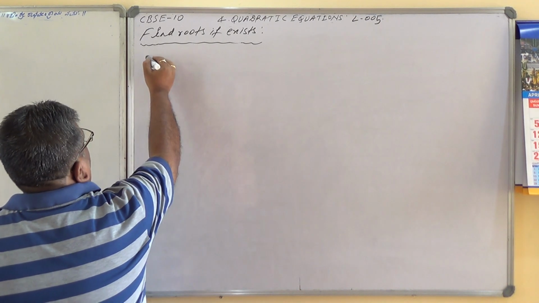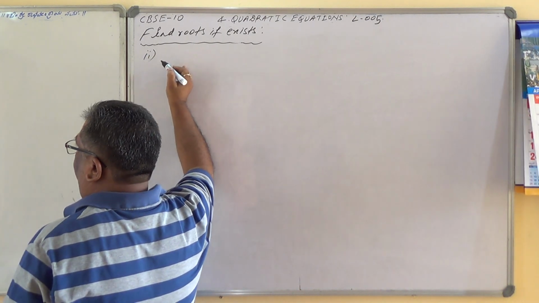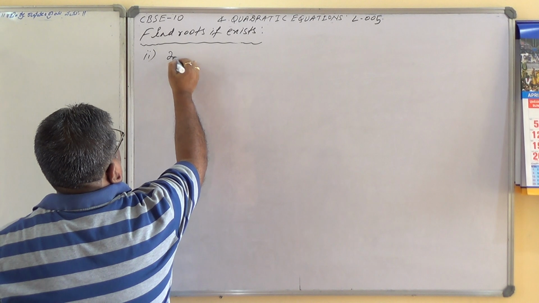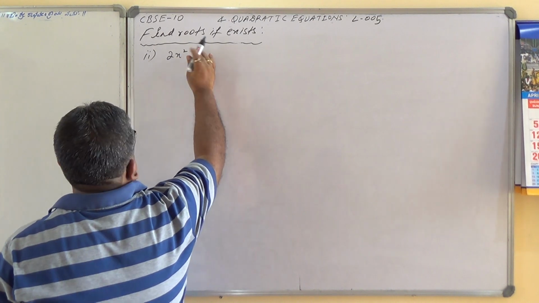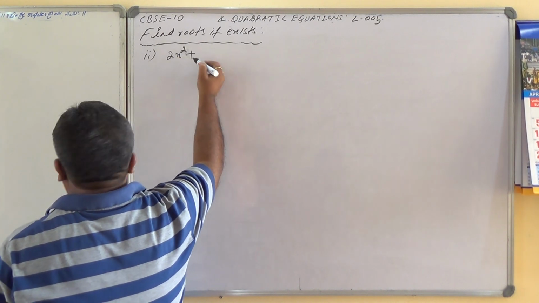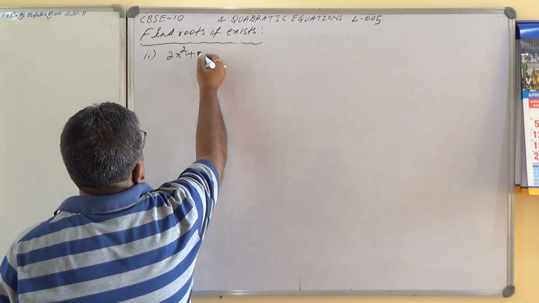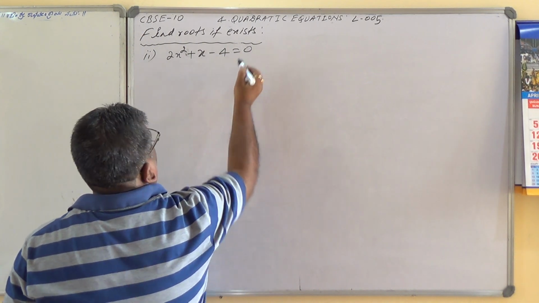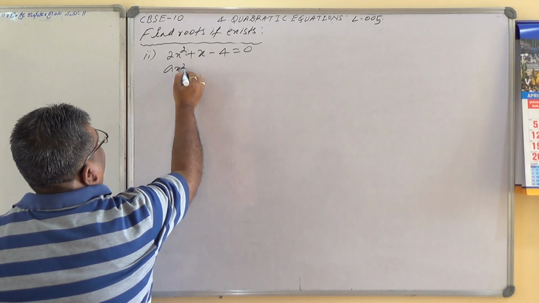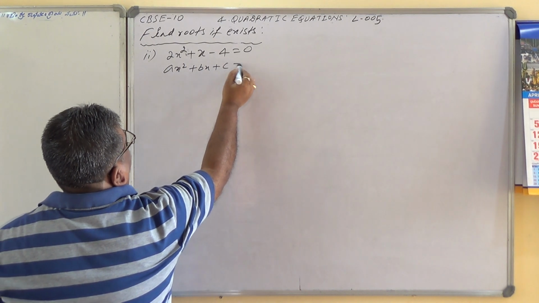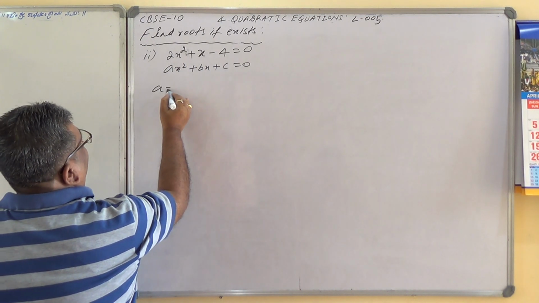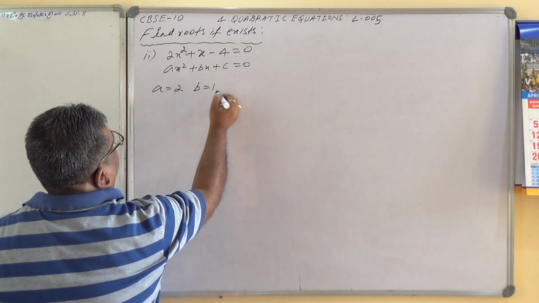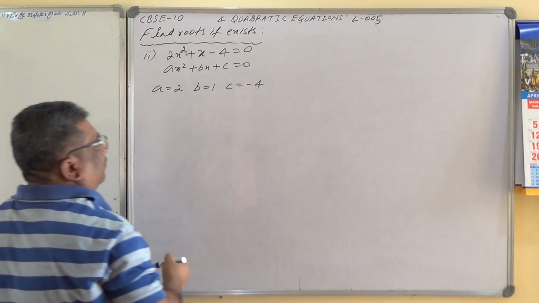Second one, exercise 4.3, second one: 2x square plus x minus 4 equals 0. Comparing this with ax square plus bx plus c equals 0, I can find the value of a as 2, b is 1, c equals minus 4.